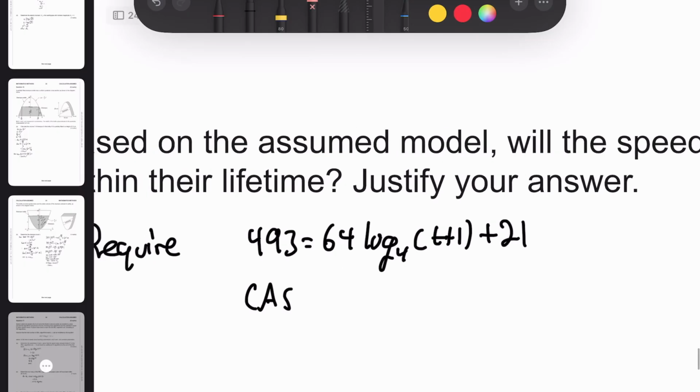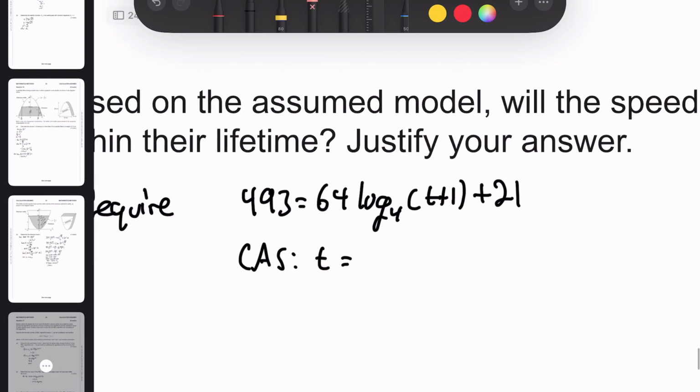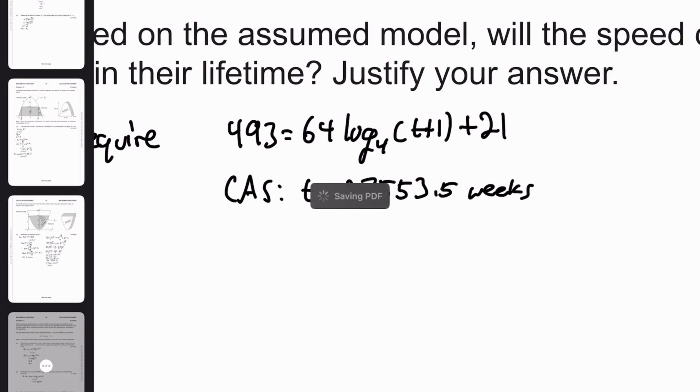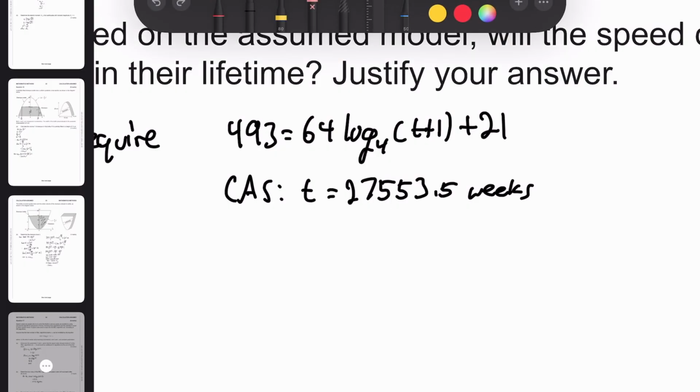And we're just going to solve all of this on my CAS. t is equal to 4 to the power of (493 minus 21 over 64) minus 1, which is 27,553.5 weeks, which is equal to about 530 years.